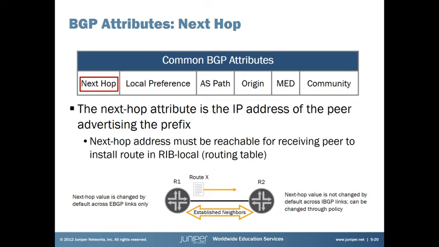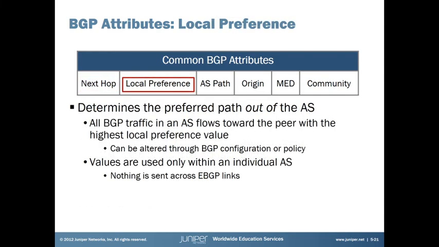The next hop value is not changed by default across IBGP links, but we can make it change the next hop by using routing policy. Okay, local preference determines the preferred path out of the autonomous system. So here's the scenario. We've got an enterprise which has multiple BGP peers to different ISPs.